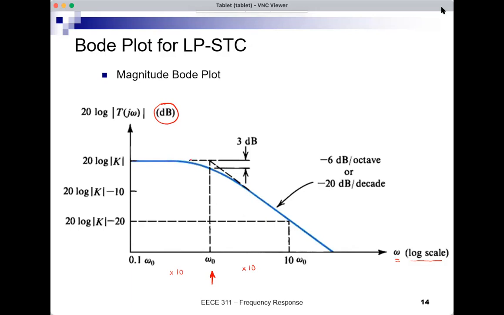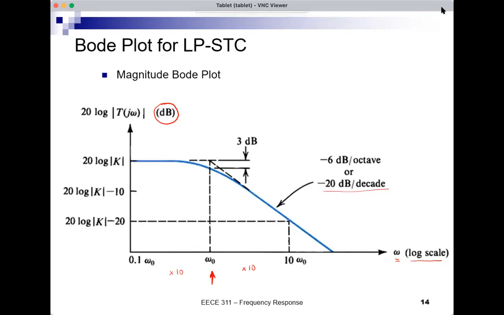For frequencies much larger than omega 0, the gain will drop, and in the Bode plot, dB versus omega in log scale, the drop is a straight line. And it has a slope of minus 20 dB per decade.